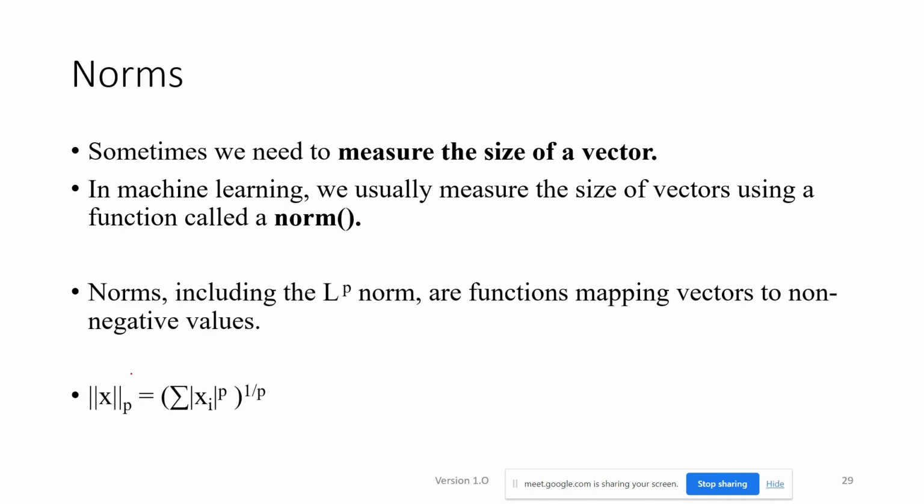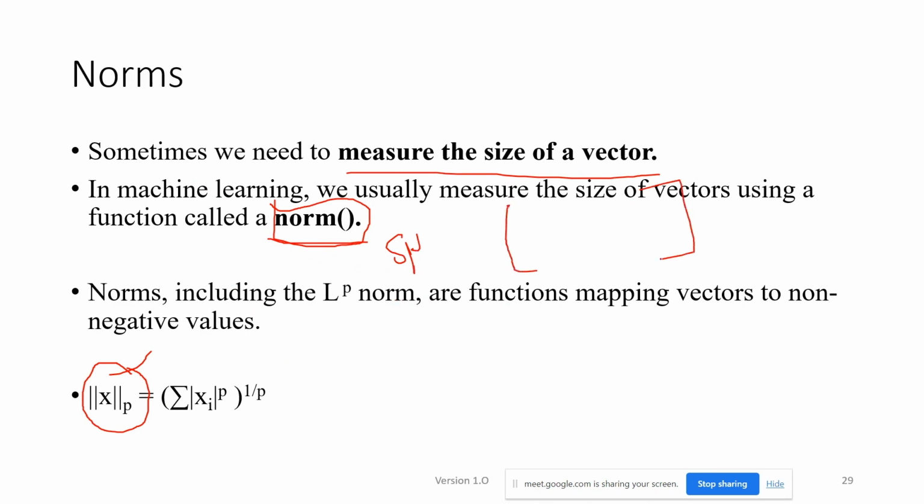In mathematics, a norm is represented like this. But in programming we use the norm function to find the norm of a vector. If we want to measure the size of a vector, we use the norm function. A norm is a rule which defines the span of the vector, that is, the possible outcomes of this vector space.